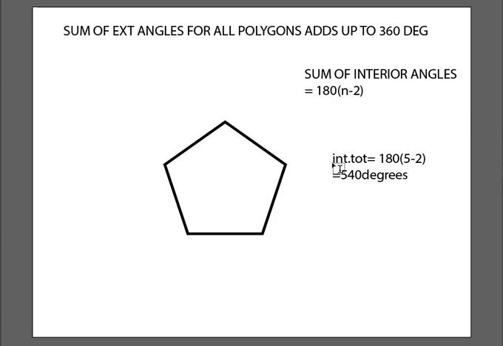I can also ask you the very same thing that I told you: the sum of exterior angles is always equal to 360 degrees. How many sides does it have? 5 sides. How many exterior angles does it have? 5 exterior angles.